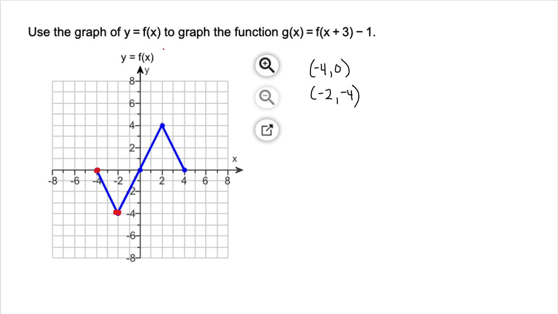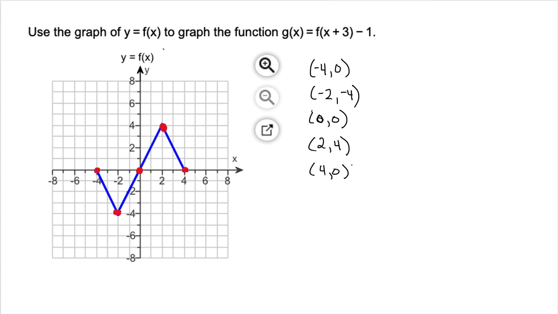My third ordered pair is 0, 0. My fourth ordered pair is 2, 4. And my fifth ordered pair is 4, 0.